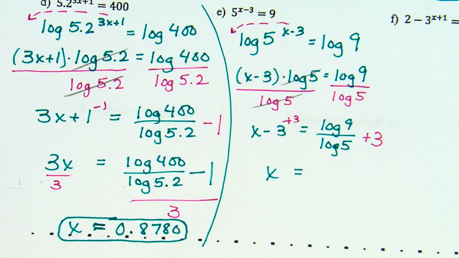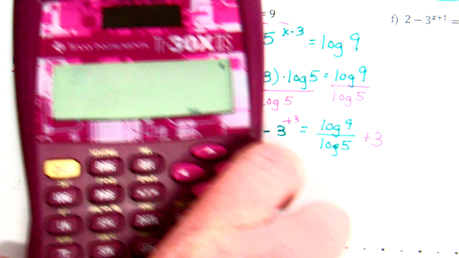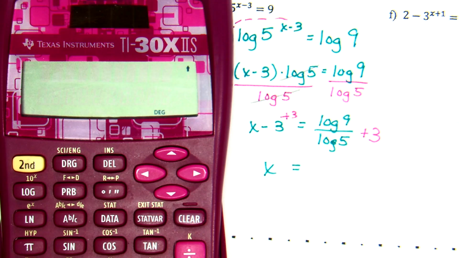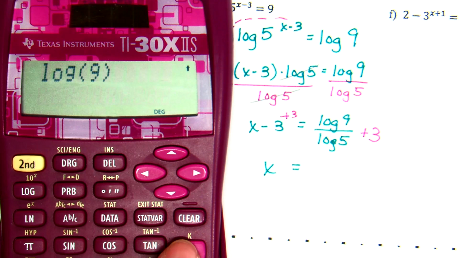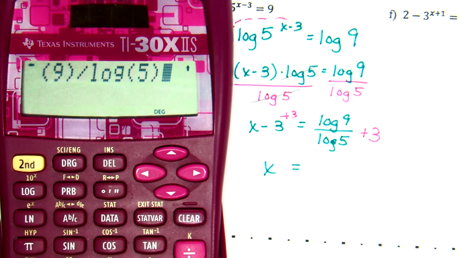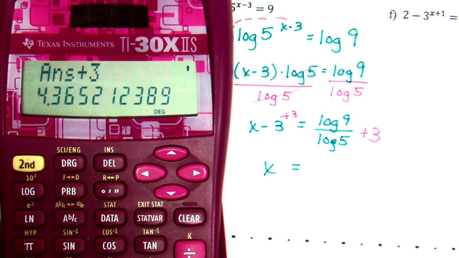Depends how your calculator works and how you enter it. Okay? Honestly, in my opinion, what's easier is to just go ahead and do the log 9 divided by log 5. Enter log 9 in parentheses, divide by log 5 in parentheses. I would say, just to be safe, hit equals there. And then, while it's still on your calculator, add 3.